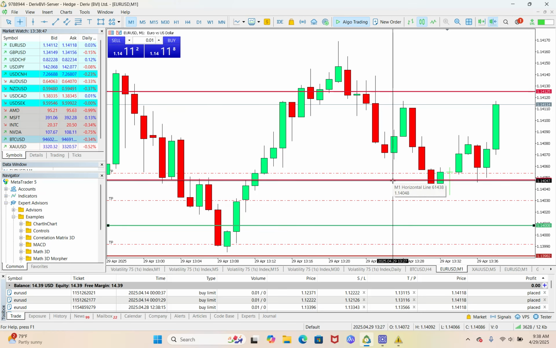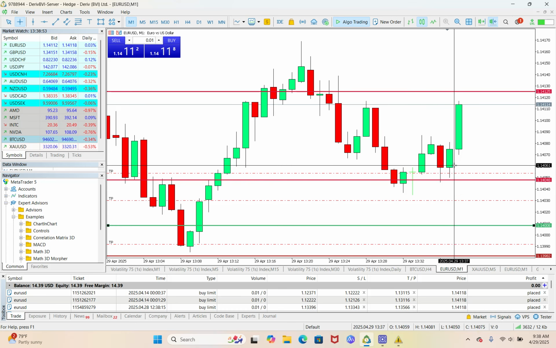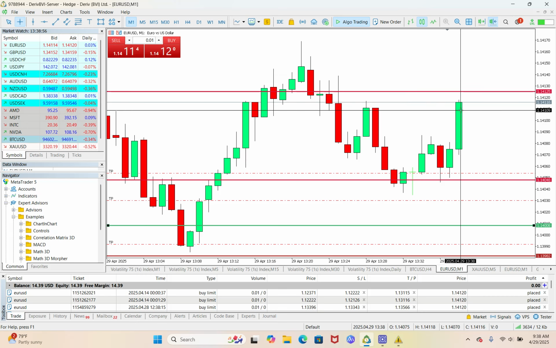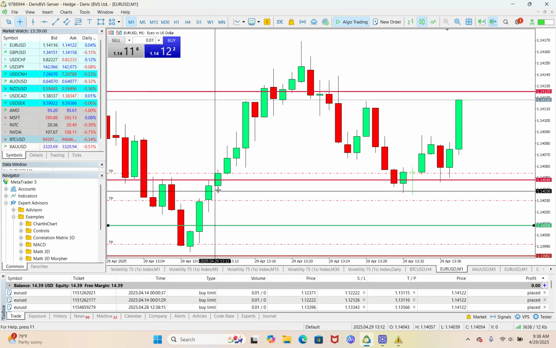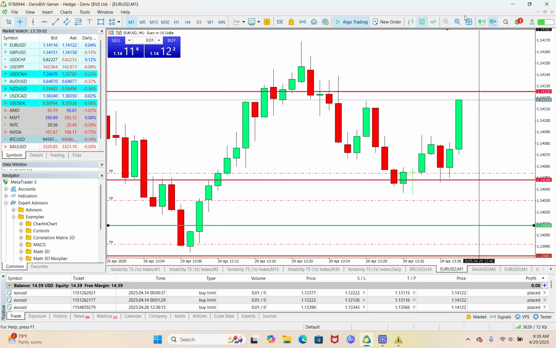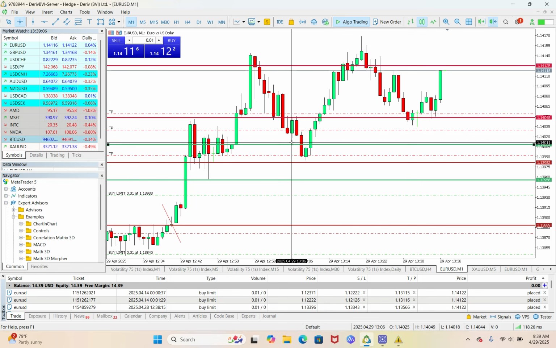And as you can see, market come back, strong bull candle fired up out of this area, right? Strong bull candle, right? Fired up from this area, right?